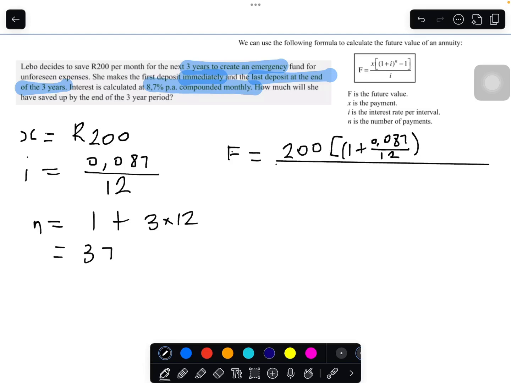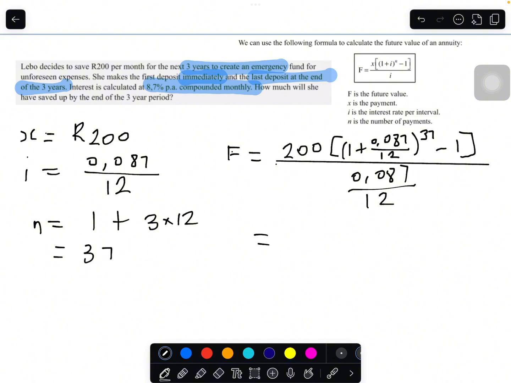All of this is to the power 37 minus 1, all over I, which is 0,087 over 12. And then we're just going to pop this into our calculator.